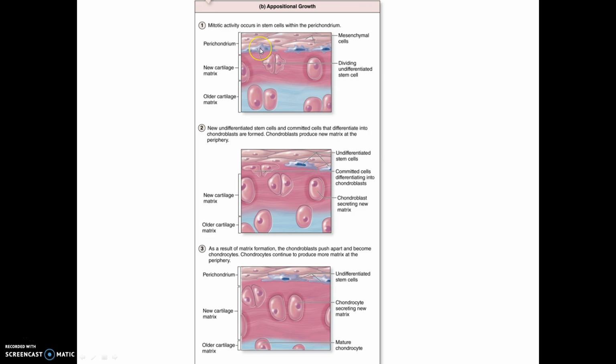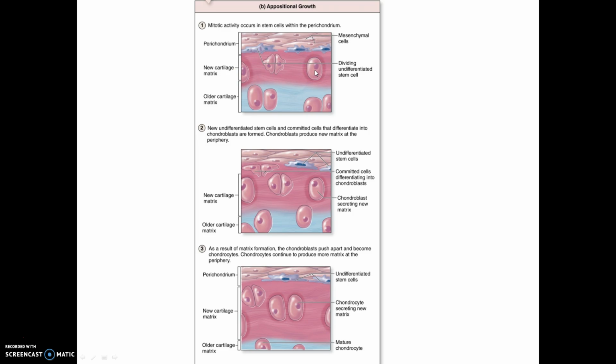We're showing some specific undifferentiated cells here that you can see are undergoing mitosis. So when they undergo mitosis, they're producing these committed cells. The committed cells are here, and they're going to differentiate into chondroblasts. So we have, again, mesenchymal cells that are undifferentiated and dividing. They divide into committed cells that are going to differentiate into chondroblasts, which we see over here.